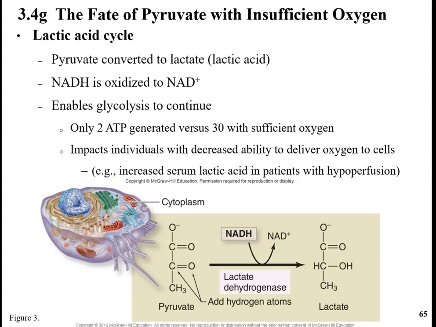An increase in lactic acid in the bloodstream would suggest that these patients are hypoperfusing. In other words, they're not getting oxygen to the electron transport chain, so they're having to undergo anaerobic glycolysis. And you can see down here pyruvate with lactate dehydrogenase, and NADH goes to lactate and NAD+.